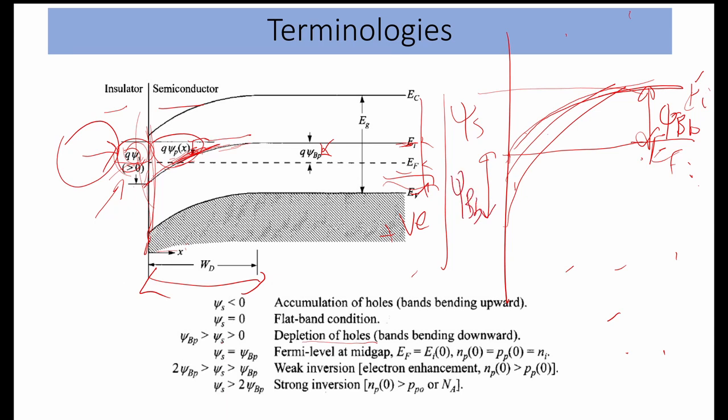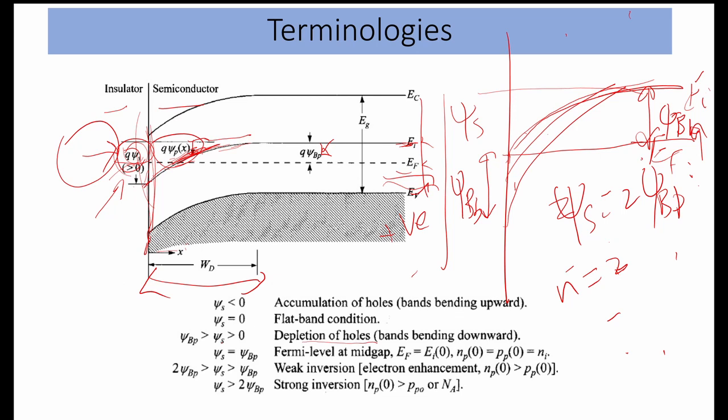The band bending at the interface is equal to 2 psi BP, we can say. Psi S is equal to twice psi BP, so the electron concentration at the interface is equal to twice the hole concentration.